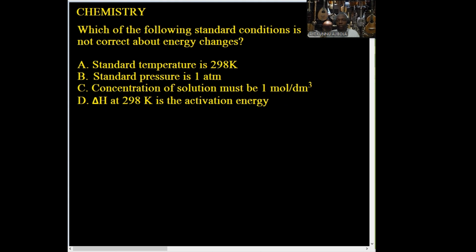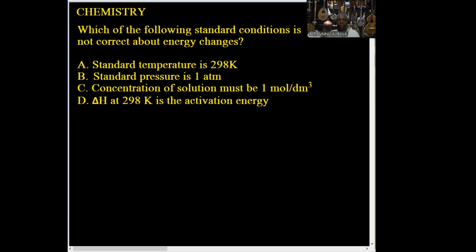So that one is correct. Standard temperature, we can now talk about, is it 0 or 25 degrees Celsius? Standard temperature and pressure means STP.